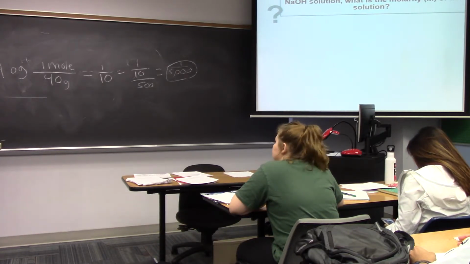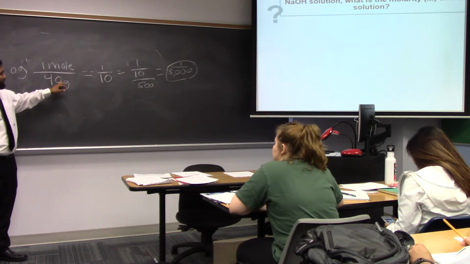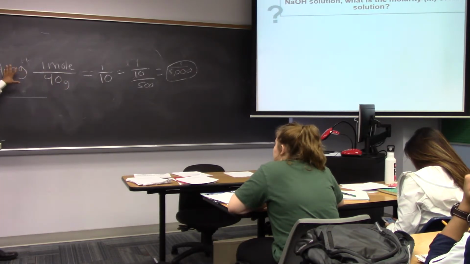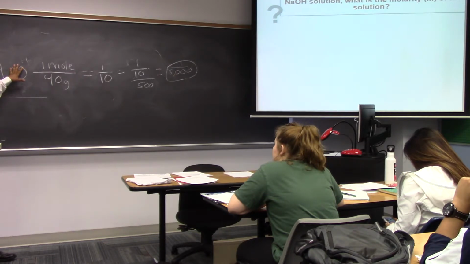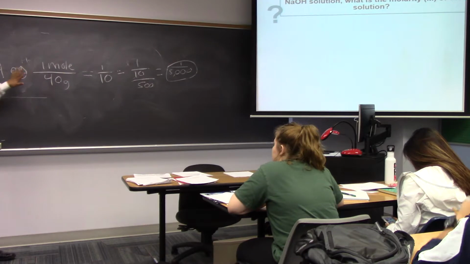There were some students who wrote it this way on the exam. Some of them got totally 0, some of them got partial credit. Because this is okay for this time, but not for the exam. It doesn't mean anything to me. I don't know what you're talking about, 4 grams of what? Why are you dividing by 40?